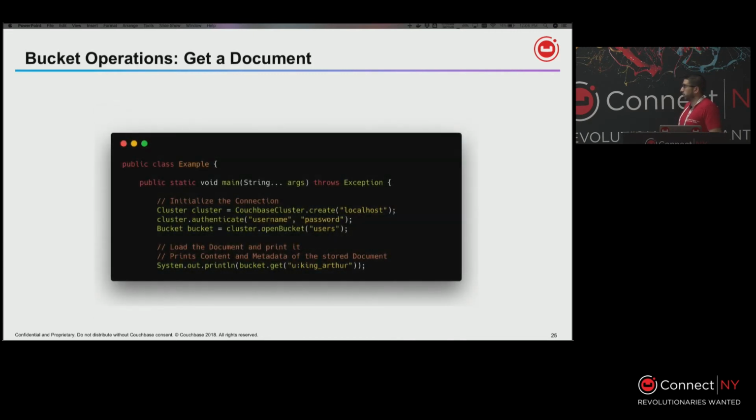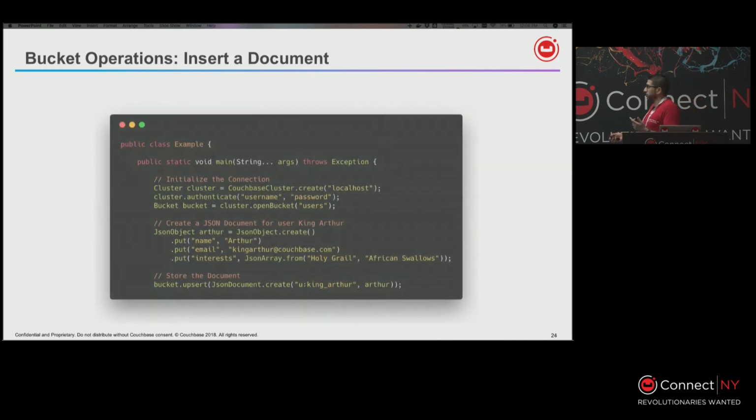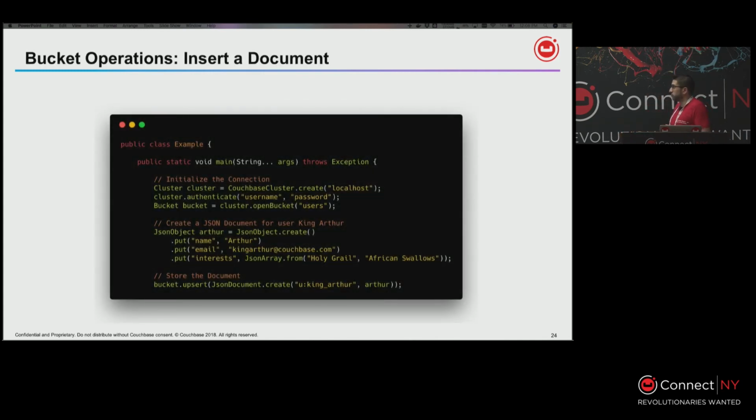Once you've upserted a document, you can then go and get that document by the key. Sorry, I just want to go back to the upsert. We did create a key for that JSON object when we put it into the bucket. So the key is here. When we create it, we provide the unique key that identifies that object. In this case, it's u:King_Arthur. When you're designing keys, it's totally up to you how you design those keys.